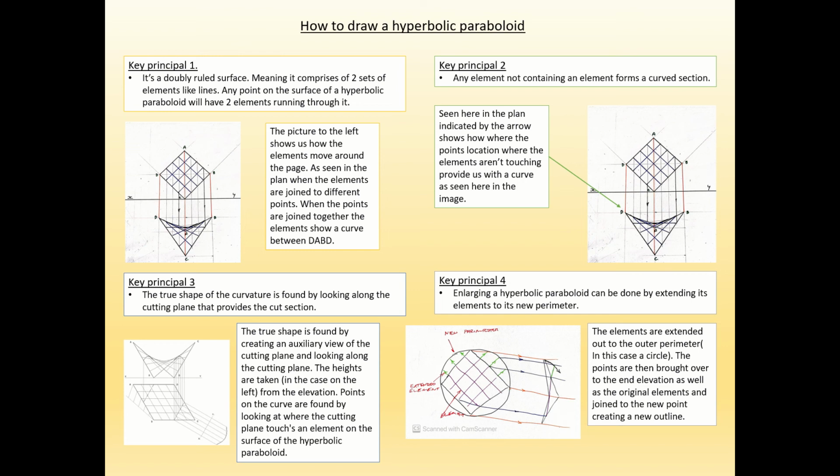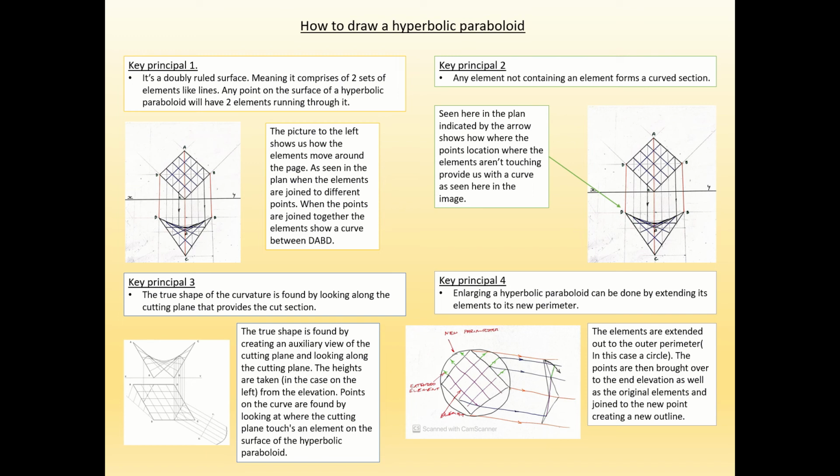The first key principle was looking at it as a ruled surface, what that means, and looking at that. Key principle two was leading on from that, seeing how it curves between D, A, and B in the plan of the one below key principle two.